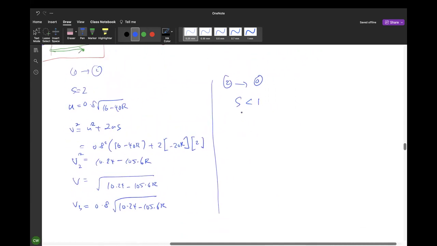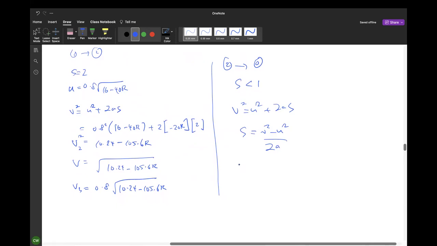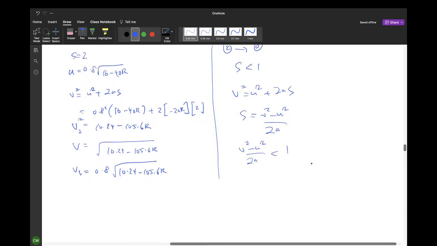So V squared equals U squared plus 2as again. S is V squared minus U squared over 2a again. So this value cannot be more than 1. Final speed 0. Initial speed is 1.